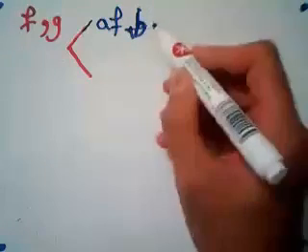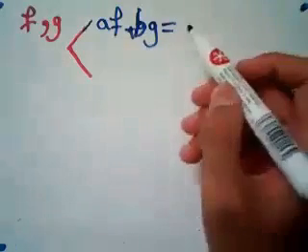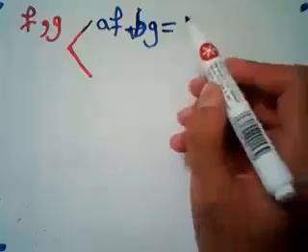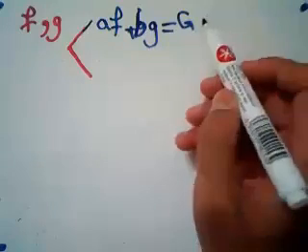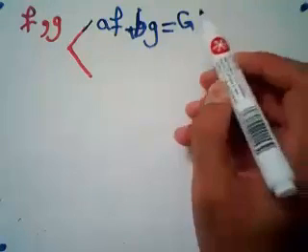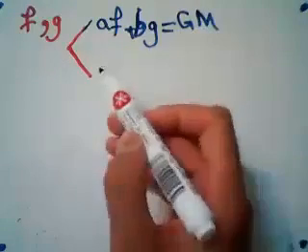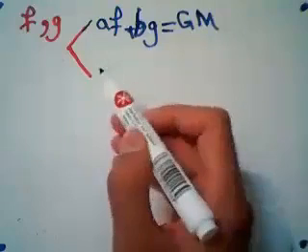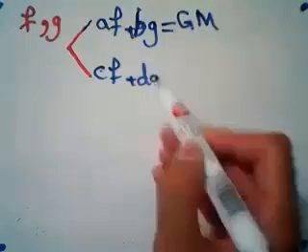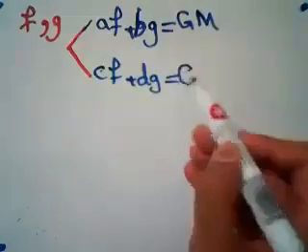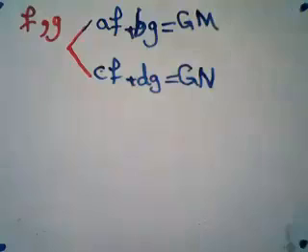af plus bg equals, say, big G times m, and another linear combination cf plus dg equals the big G again times another polynomial n.